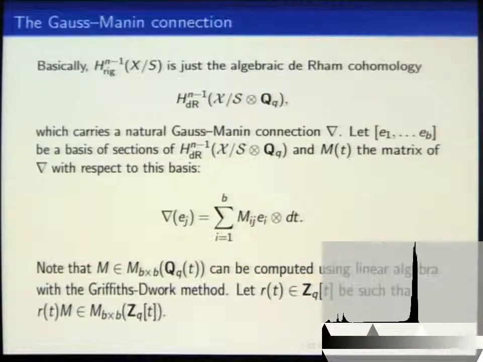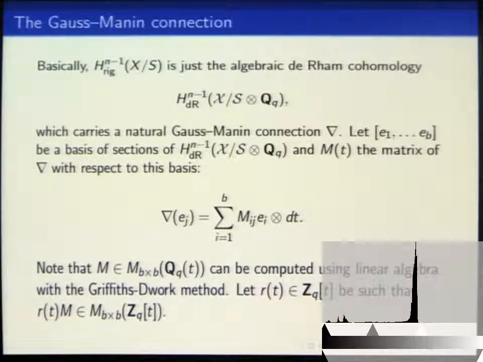I haven't really explained how nabla is defined because it was already mentioned earlier this week. For example, in the talk about monomial deformations of Fermat hypersurfaces, it was mentioned that you can compute this with the Griffiths-Dwork method, and that this only really involves linear algebra.